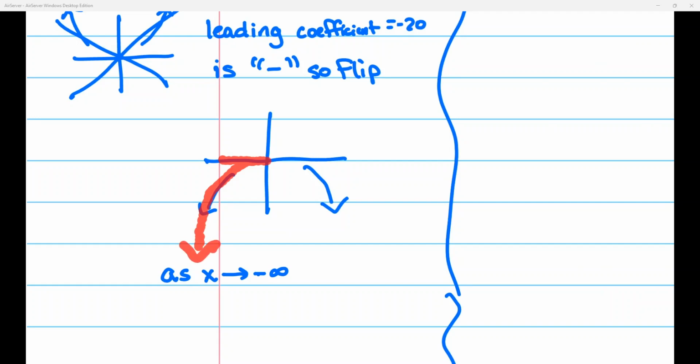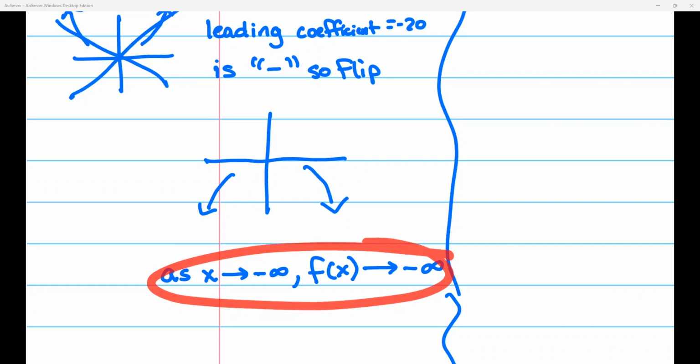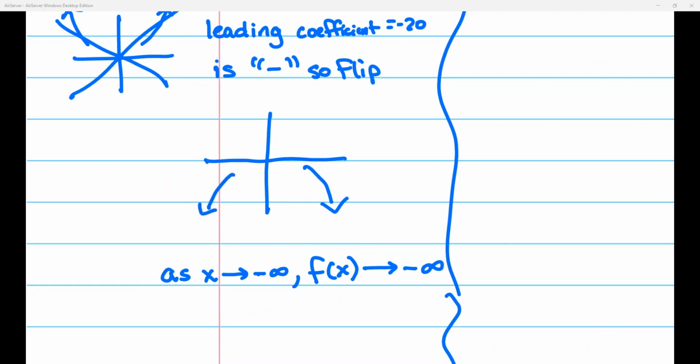So you're going to say as x approaches negative infinity, your f of x's, your y values, go down. How do I say go down? It goes to negative infinity. So this is describing what's happening here. In fact, I'm going to highlight this first part. As x approaches negative infinity, f of x approaches negative infinity. This is saying this part right here.